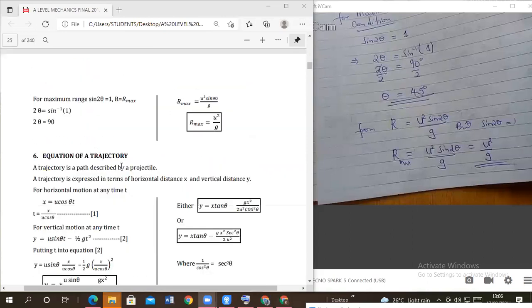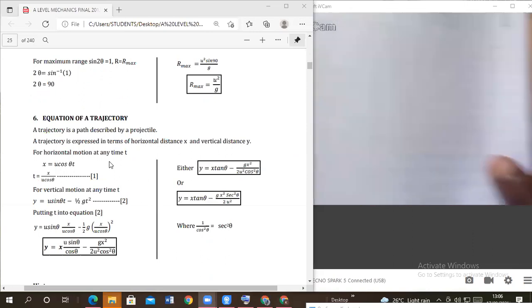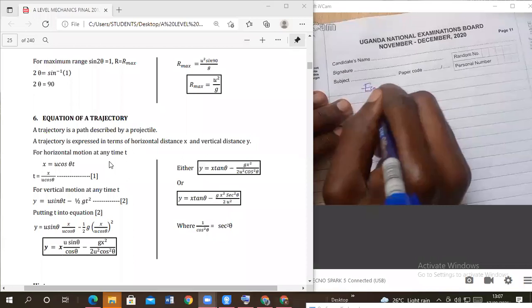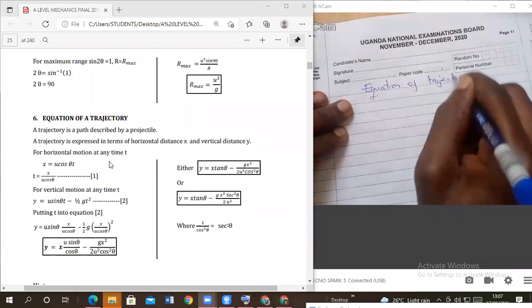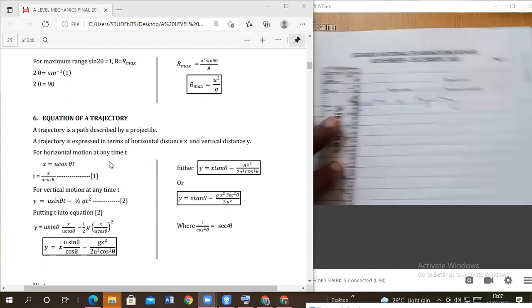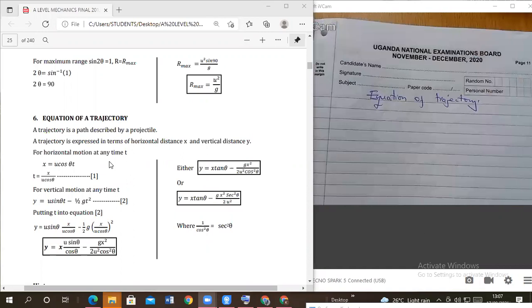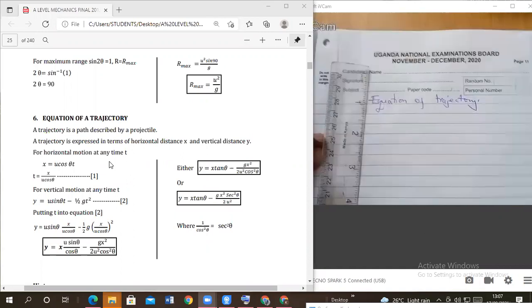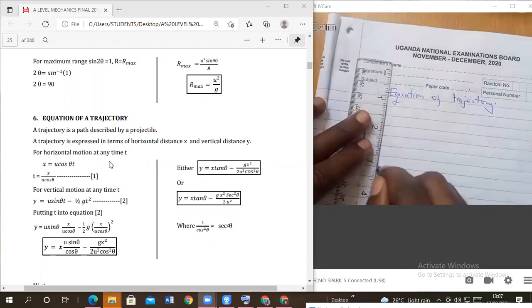Now, subheading: equation of trajectory. Let me give a simple sketch here and then we proceed.